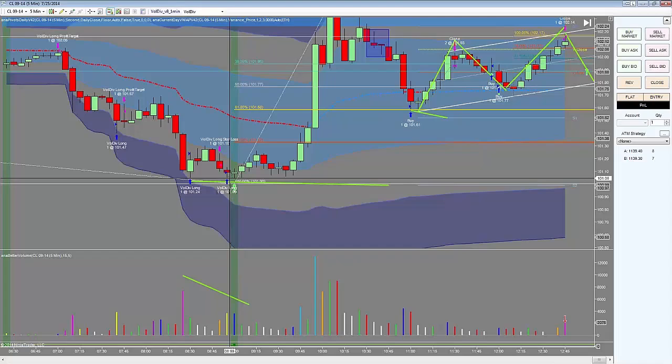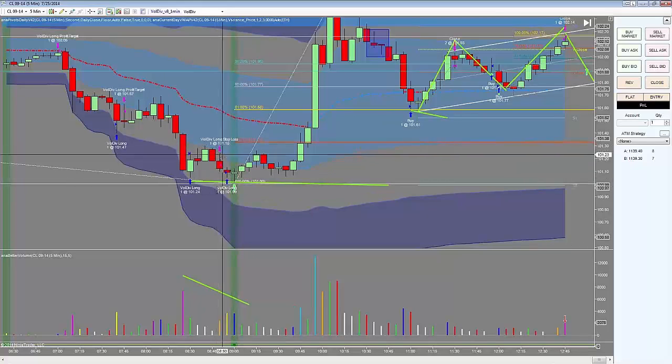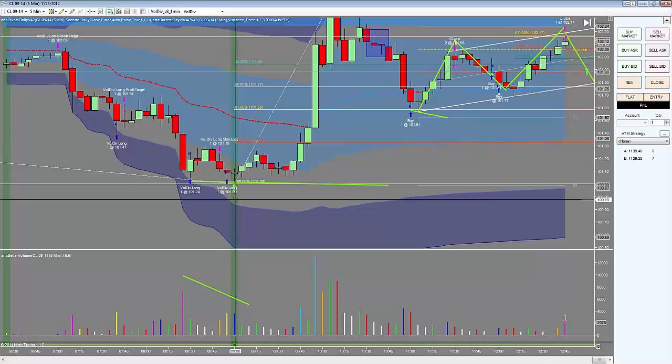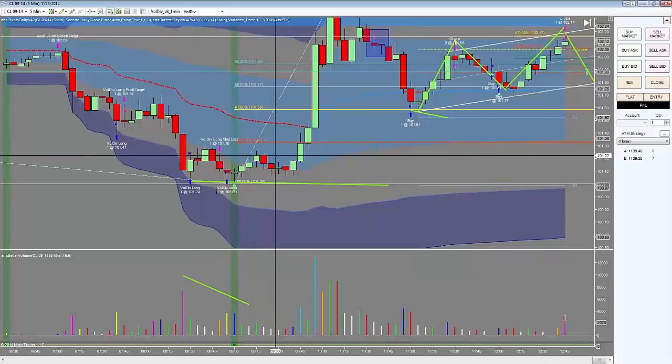So you have one of two. This is what I was trying to get back to. I just got distracted. So you have one of two events happening at a major reversal. At a reversal low, you either have a ton of buying volume coming in, or you have the selling drying up. That's the only two things that could happen to cause this market to reverse.